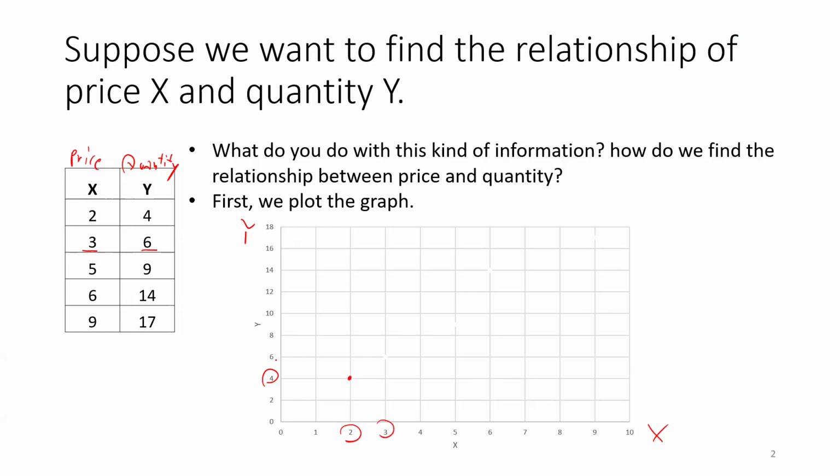So 3, 6, dot. 5, 9, dot. 6, 14, dot. 9, 17, dot. The type of this plot we call the scatter plot, to show the relationship between two variables.